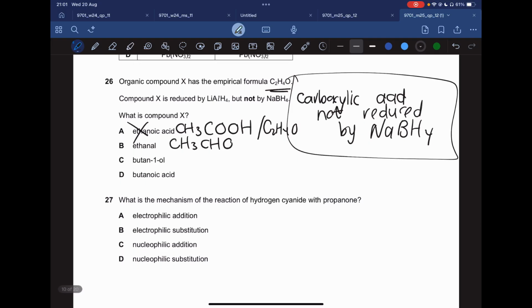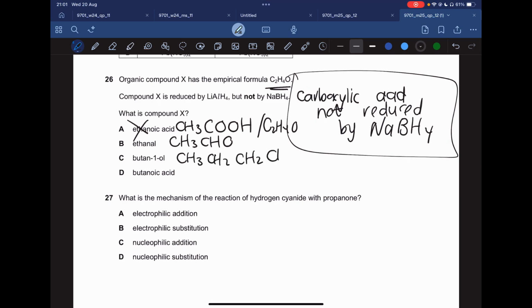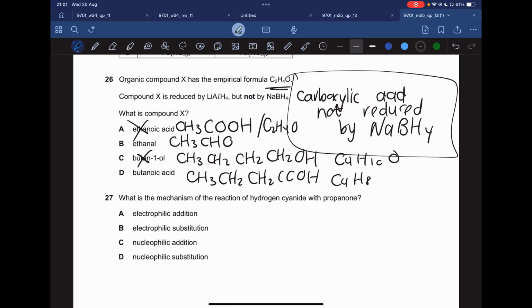For this one, this is CH3CH2CH2CH2OH, and we get C4H10O, and that's incorrect. Butanoic acid is this, just C4H8O2. So it could be between ethanal and butanoic acid. And we said that carboxylic acids are not reduced by NaBH4. That's all we know. It is D.